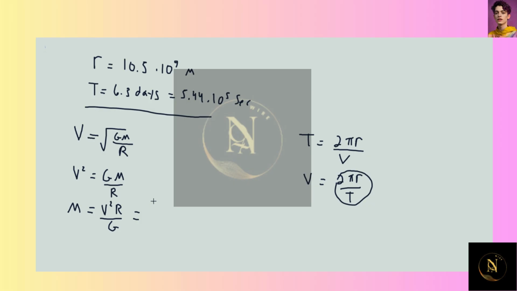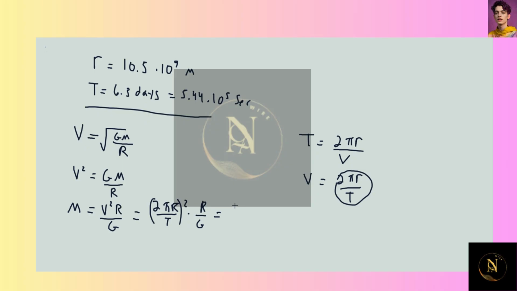So doing that, we have 2 pi r over T, and that whole thing is squared, and then times r over G. Oh, and those are the same r.